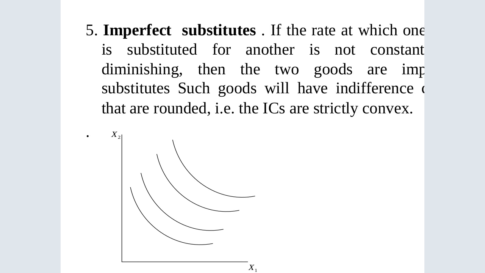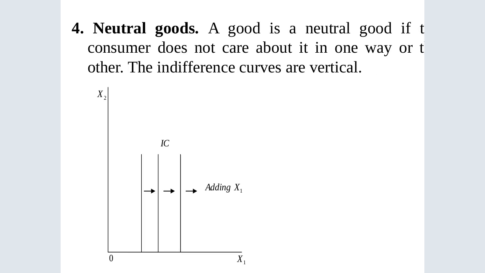Now, in the indifference curves for neutral goods, there are no curves for X2 because he doesn't absolutely care about X2. In the indifference curves of the neutral goods, there is no indication of any lines for X2.